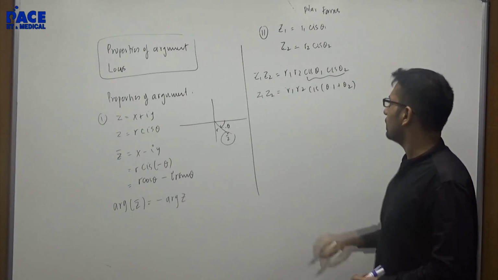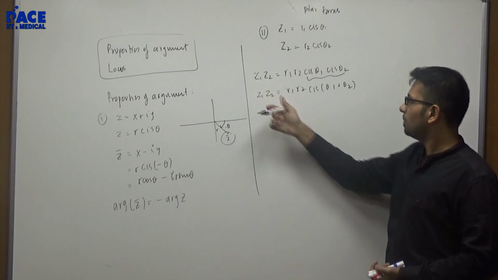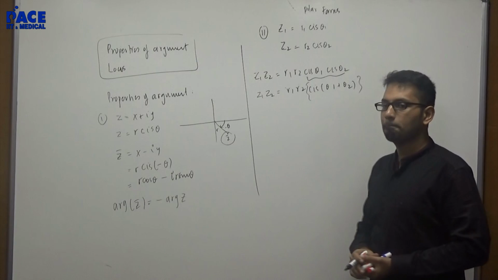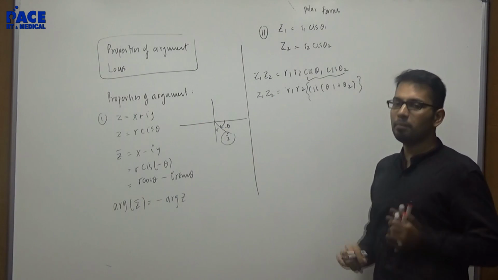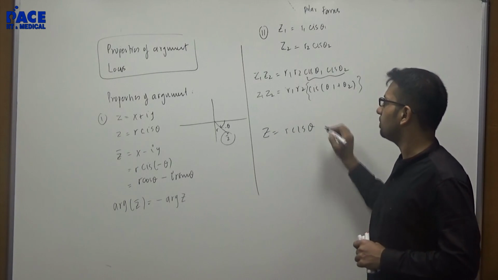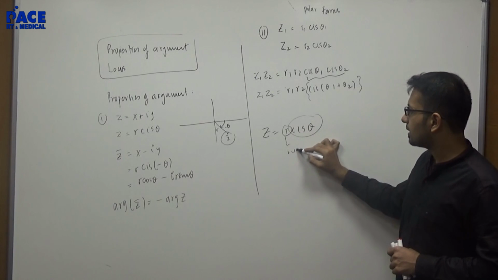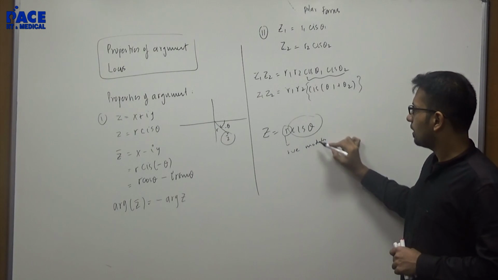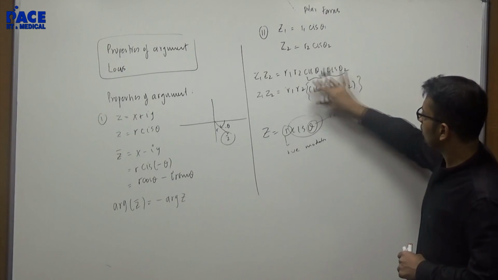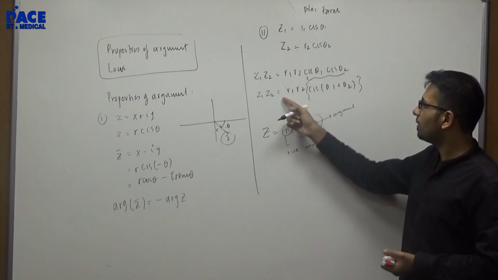Okay. So now, this complex number, this is a new complex number. इस complex number का modulus क्या है? Remember, whenever you take any complex number and write it in polar form, जो cis के बाहर होता है, if it's a positive quantity, it is the modulus. And ये क्या होता है? Argument. So treat this like a new complex number, Z1 into Z2. इसका modulus क्या है? R1 into R2.